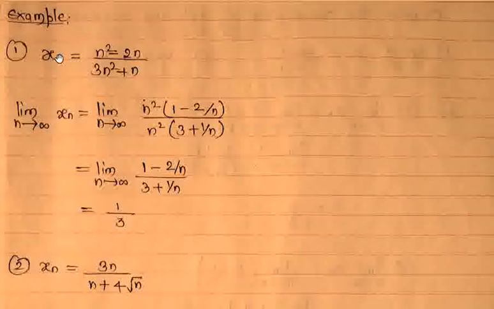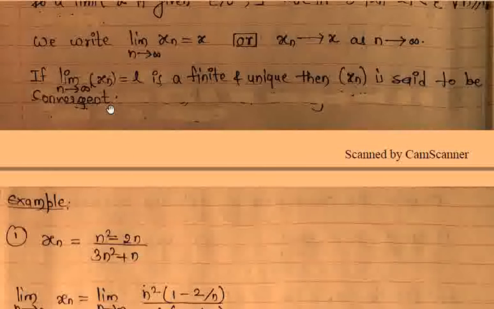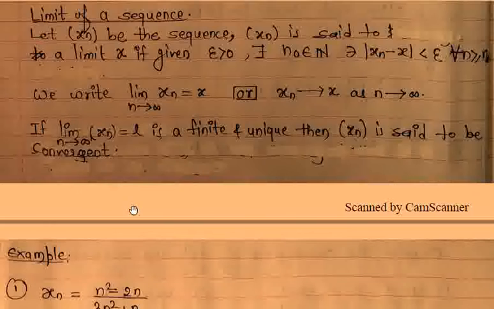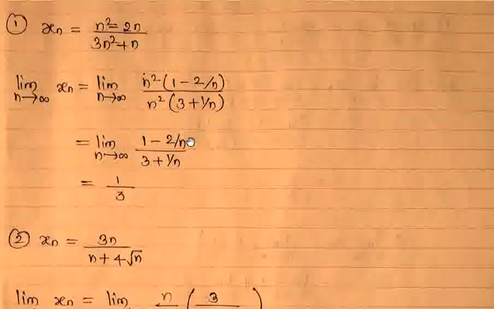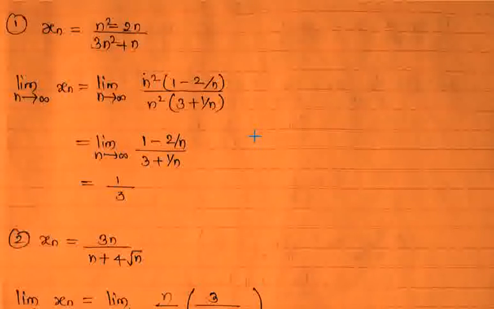So example, xn is equal to n squared minus 2n divided by 3n squared plus n. So you take out the common factor of n squared, right, and you get this. Now you are doing the limit as n approaches infinity. You have taken this from here, right, and you simplify this down, you cancel this down, and when n tends to infinity, you get 1 minus 2 divided by infinity, right?